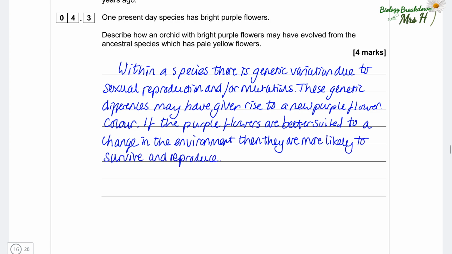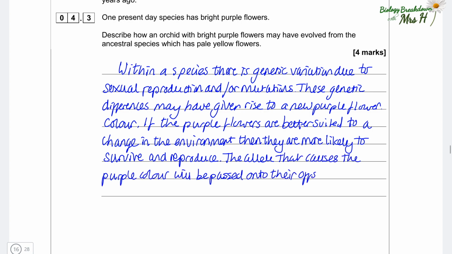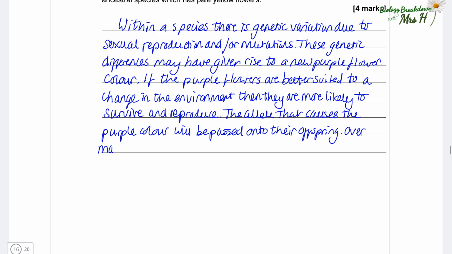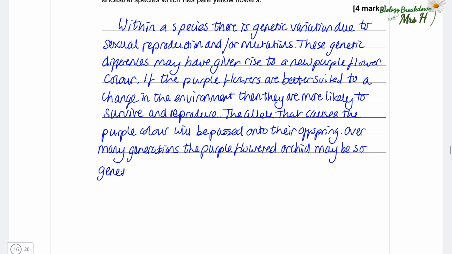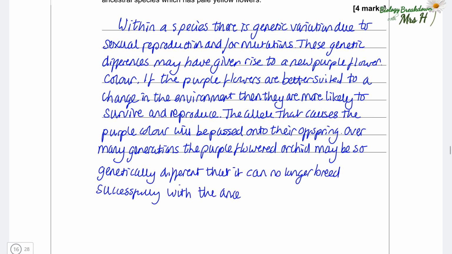And therefore, the allele that causes the purple colour will be passed on to their offspring. And then over many generations, the purple flowered orchid may be so genetically different that it can no longer breed successfully with that ancestral orchid, and therefore leading to this new species of orchid.